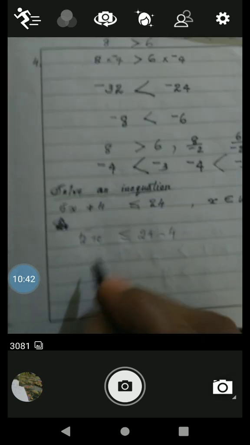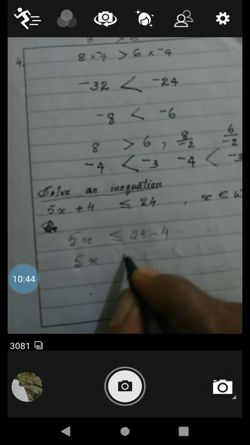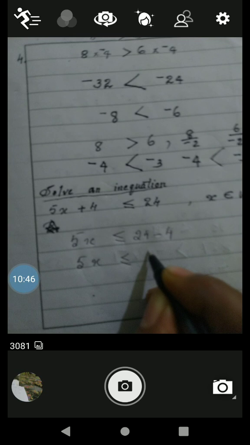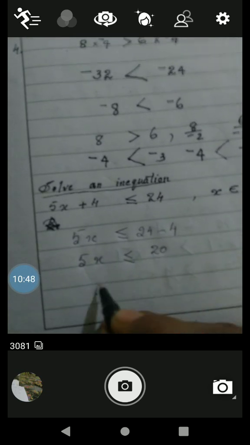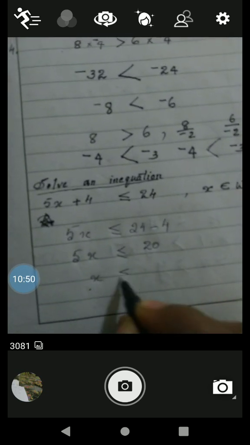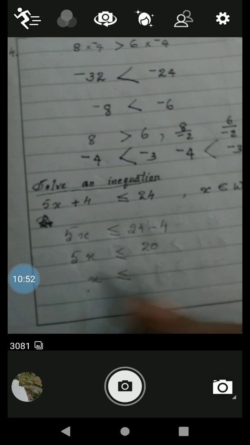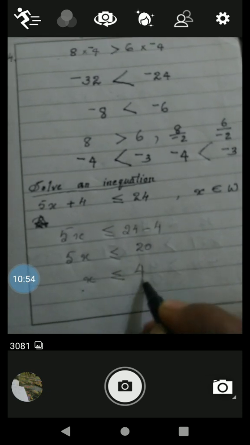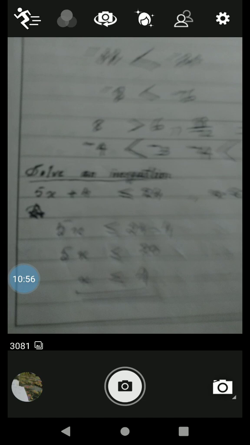It becomes 5x is less than or equal to 20. Therefore, x is less than or equal to 20 by 5. That is 4. We get x is less than or equal to 4.